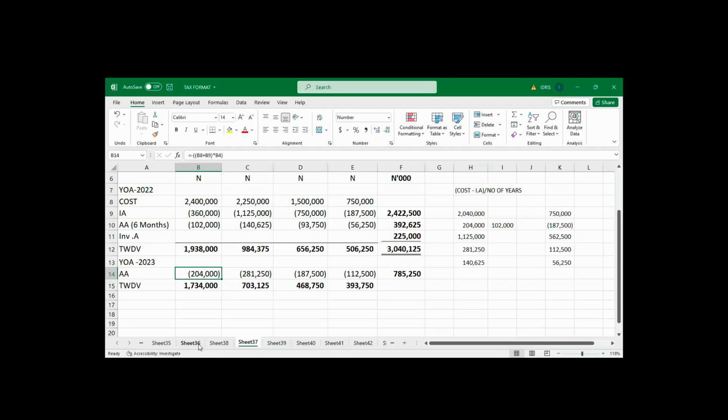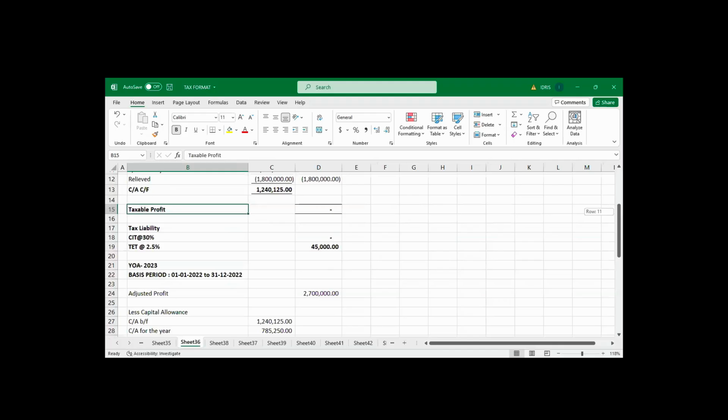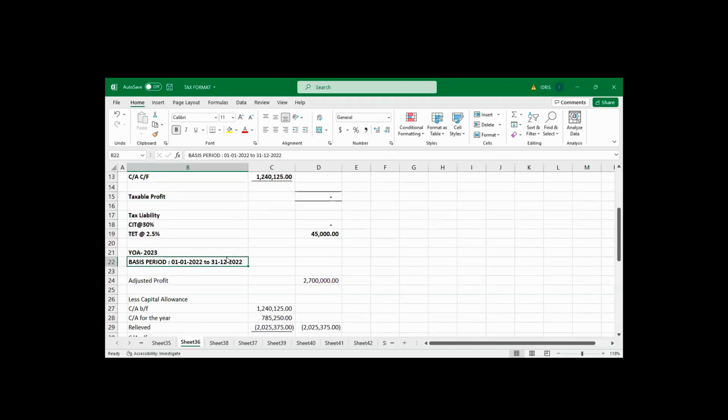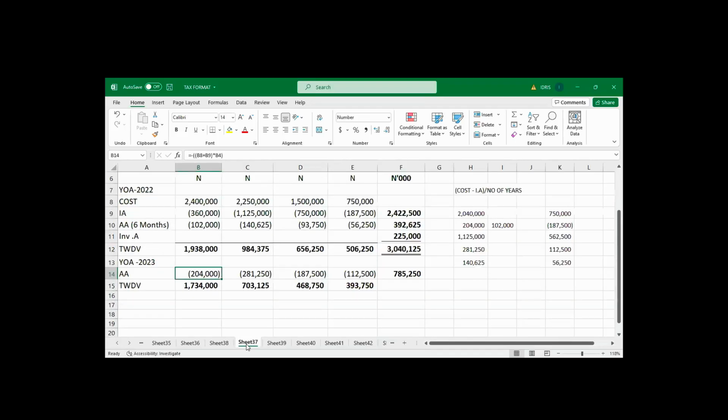Well, 12 months. That means the annual allowance I'm going to claim in 2023 year of assessment is going to be 12 months. Do you agree with me? Yes.